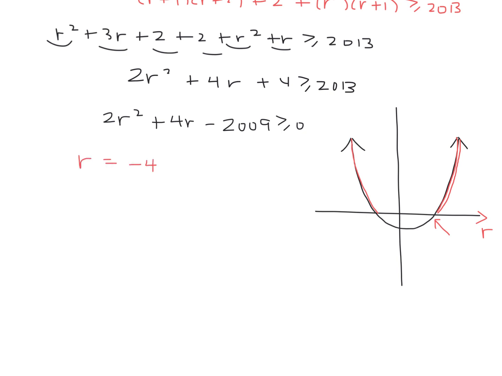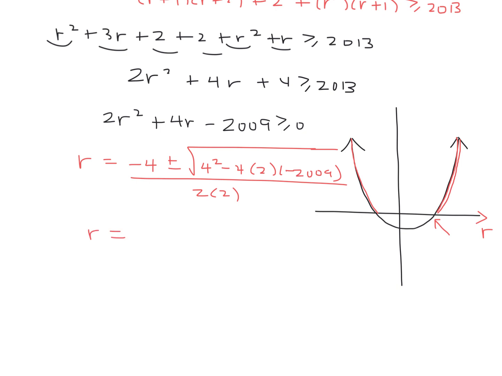All right, so minus b, all that stuff. B squared minus 4ac, 2 minus 2009, right? All that. Okay, all over 2 times 2. And then I'll let you guys do that math. It comes out to minus 32.71 and 30.71. So this is 30.71.